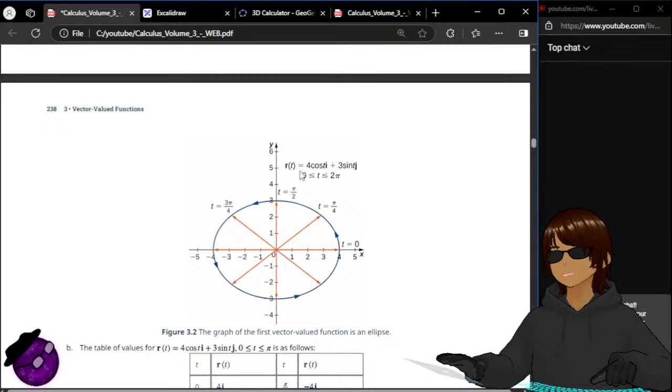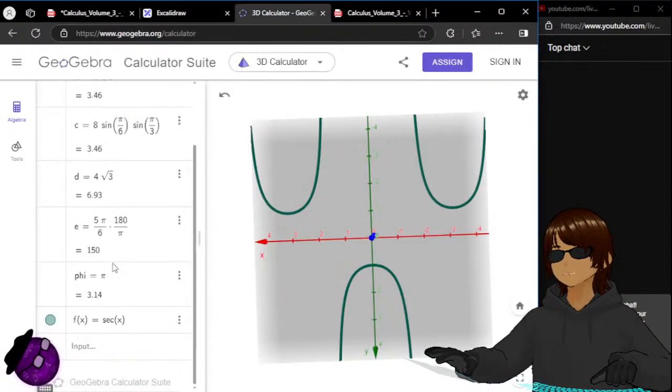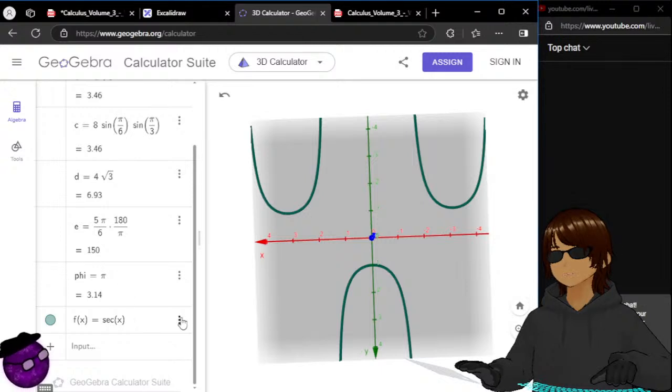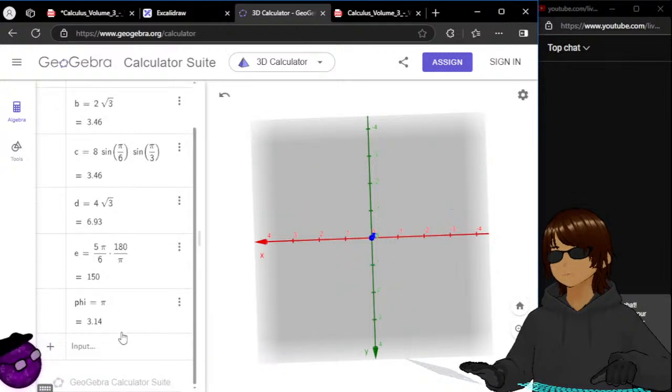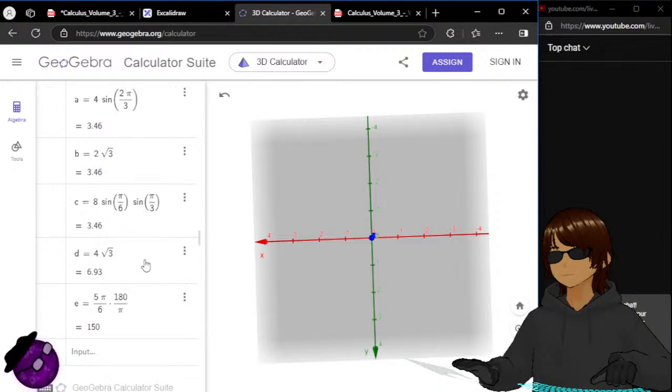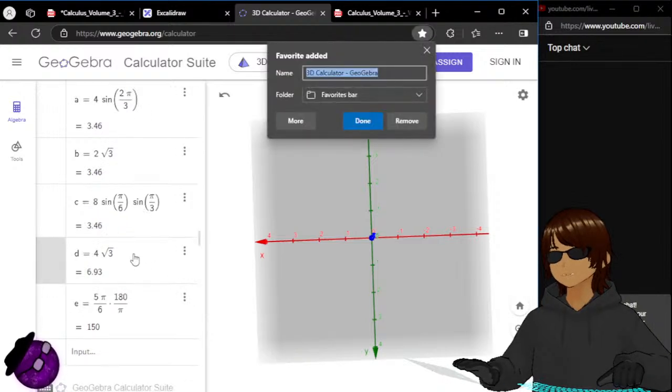So here they have r(t) = 4 cos t i + 3 sin t j. We can graph it here. So delete. Is there a shortcut to delete?